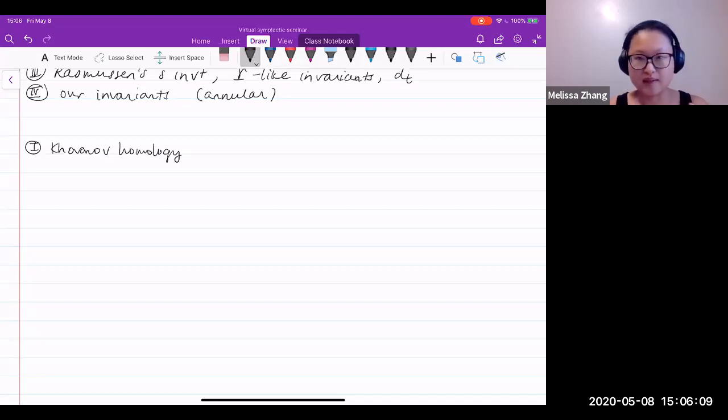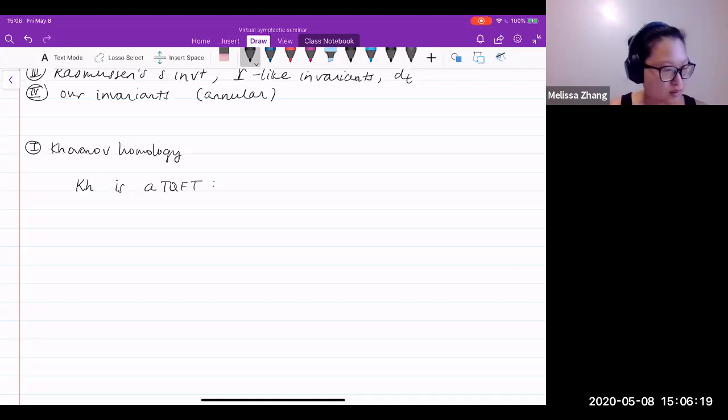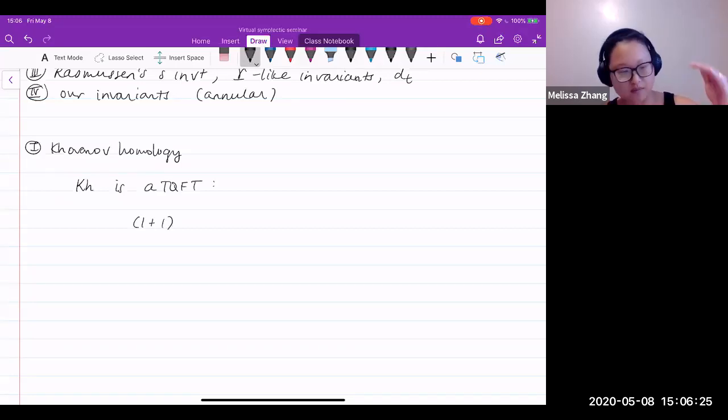What I like to think about nowadays is just that Khovanov homology, which I will abbreviate as KH, is a TQFT. So it's going to take one-dimensional objects, and also if you want a morphism, you're going to have an additional time dimension talking about how you're changing a one-dimensional object via a cobordism.